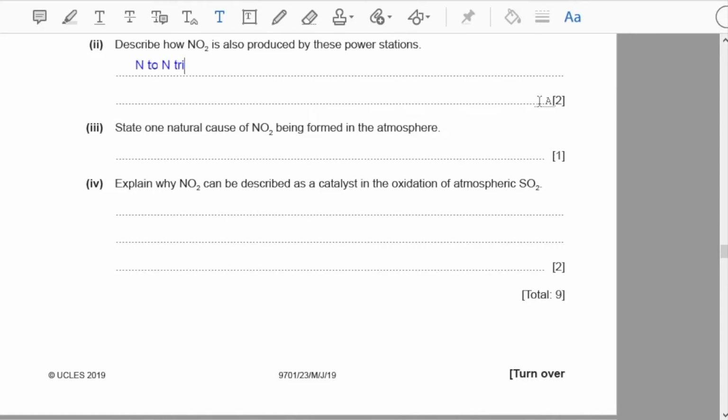The N to N triple bond is very strong, so a lot of energy which is produced is used to break that strong bond.